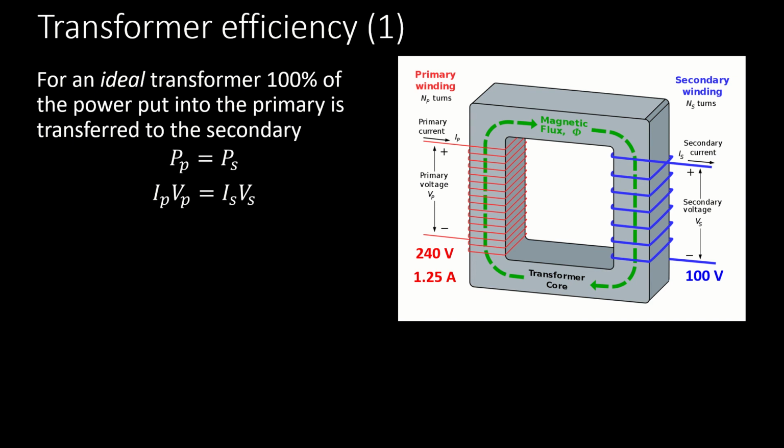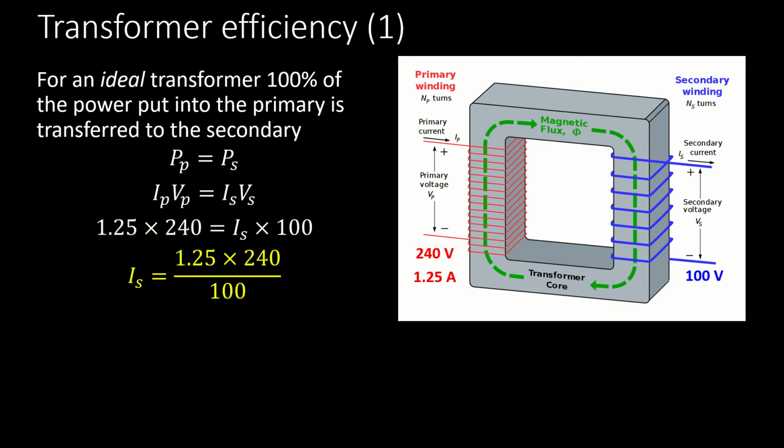So if we assume that we're getting 100% efficiency, we can look at it like this. We basically just plug in: we can calculate the power in the primary, and the power in the secondary will be the current, Is, what we're trying to find, multiplied by the voltage, 100. So we could calculate the secondary current by just rearranging that, and we would get 3 amps.